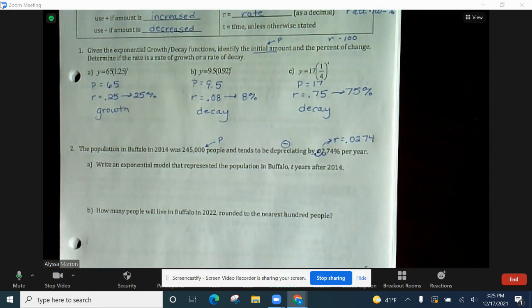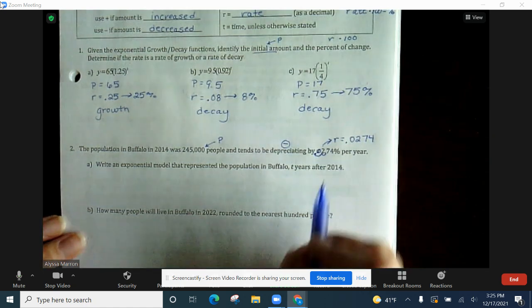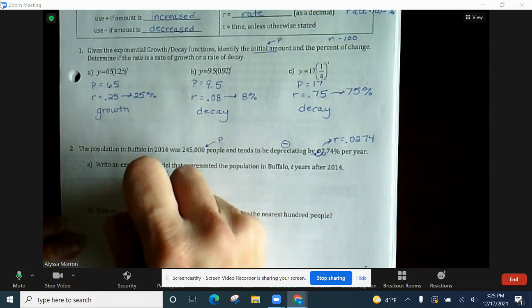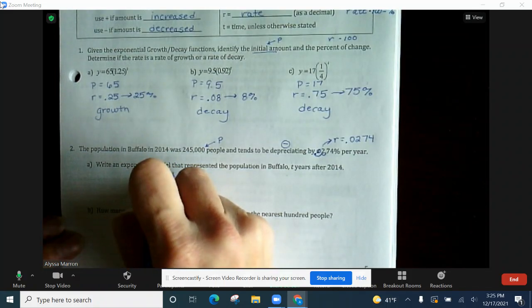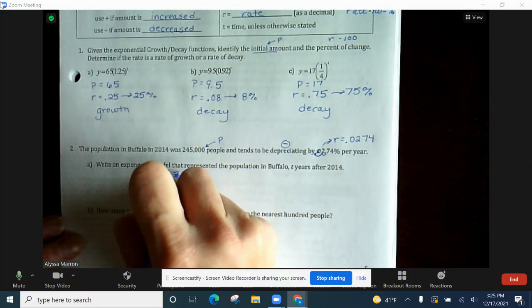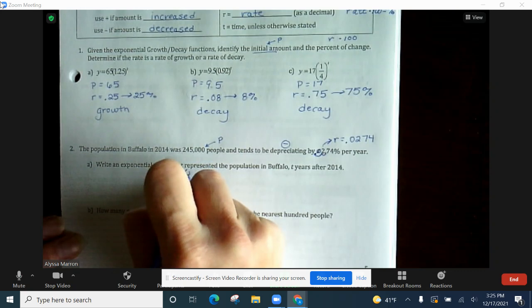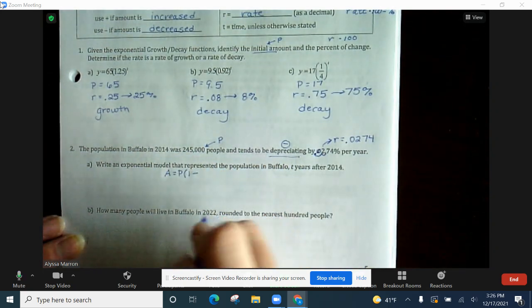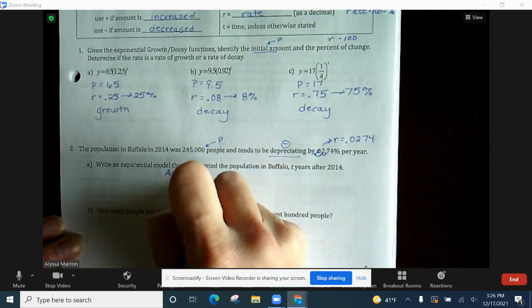So this says write an exponential model that represents the population in Buffalo t years after year 2014. So 2014 was our initial year. I'm just going to start with my general formula without plugging anything in. A equals P times (1 minus r) raised to the time. Again, we said this was depreciating, going down, so I'm going to use subtraction.